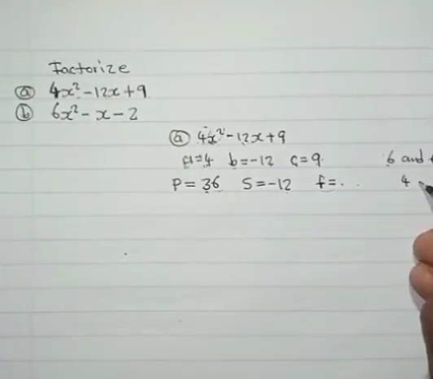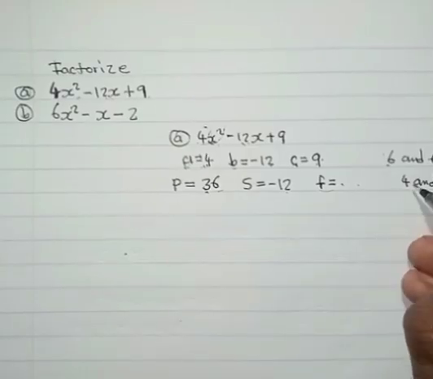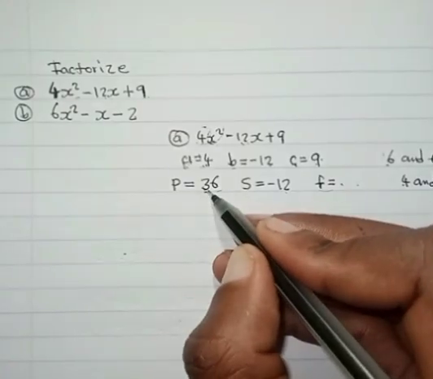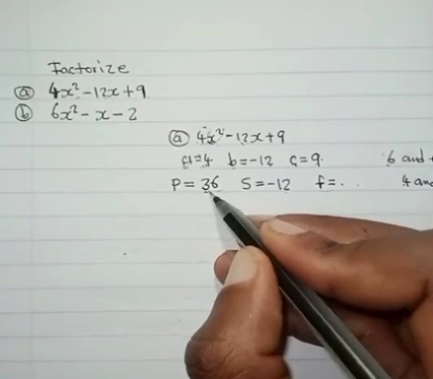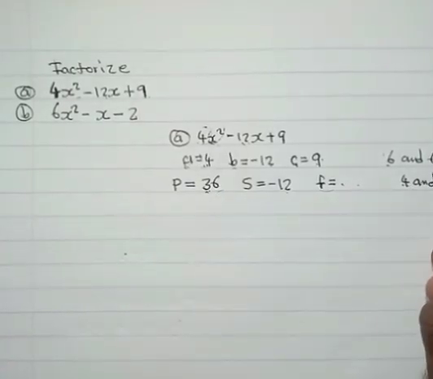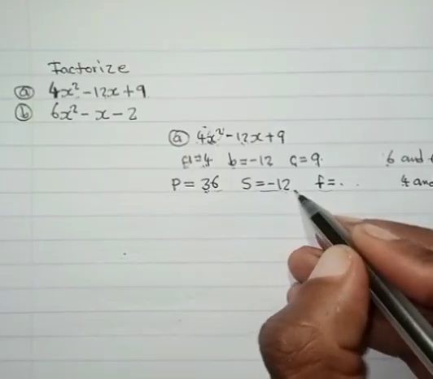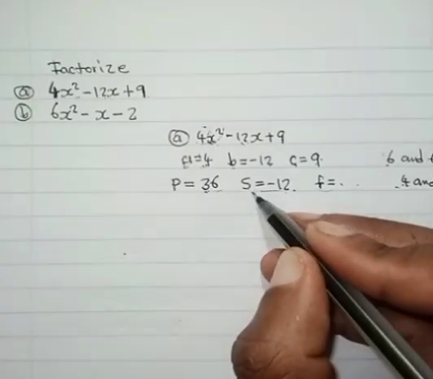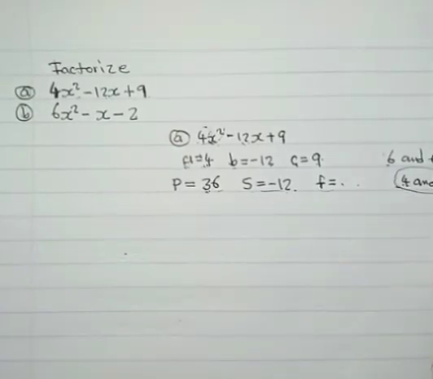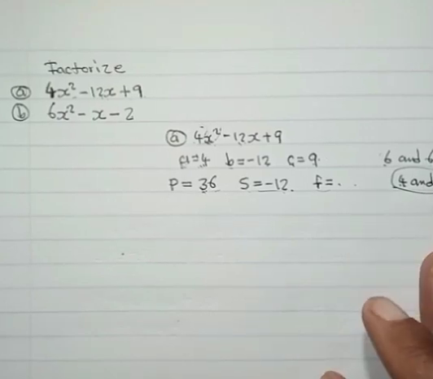Can 4 and 9 work? We have 4 times 9, the answer is 36. But what about 4 plus 9? We are not getting 12. 4 plus 9 is not 12. So these cannot work as our factors.